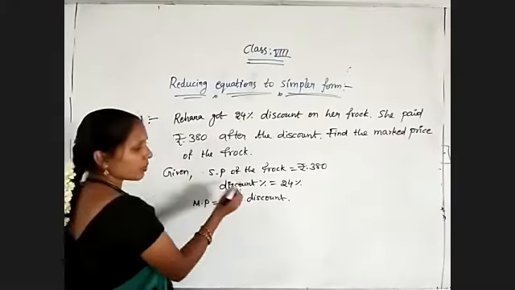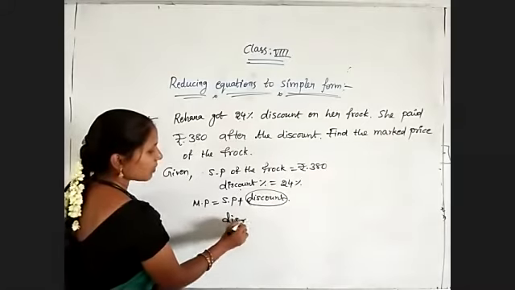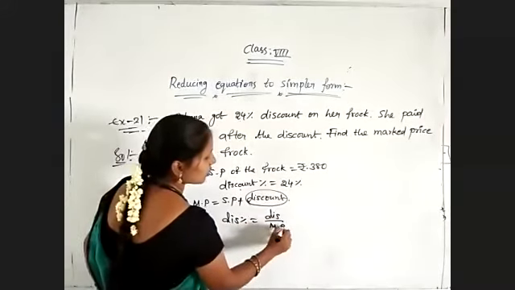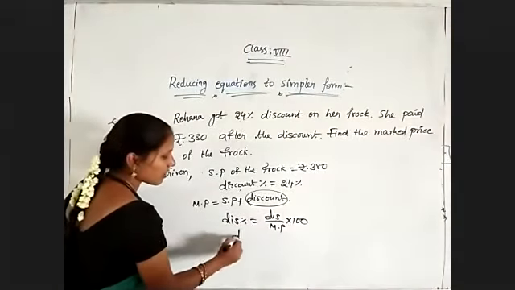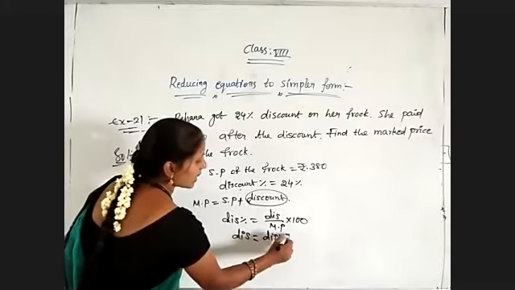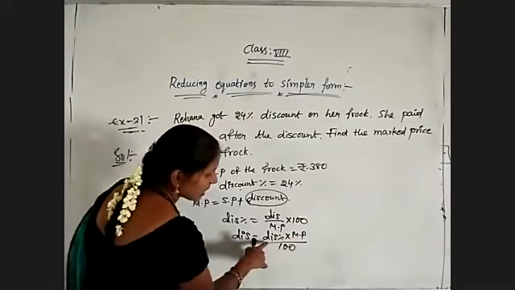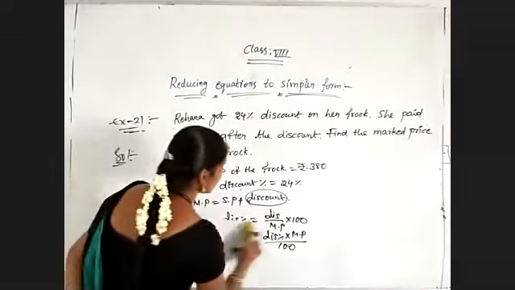But here the discount percentage is given, the discount is not given. So we have the formula, discount percentage is equal to discount by MP into 100. From this formula, what will we get? Discount is equal to discount percentage into MP by 100. That is, discount percentage of MP is the discount.